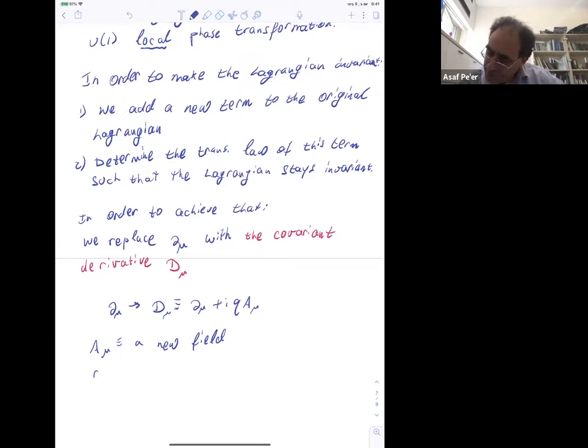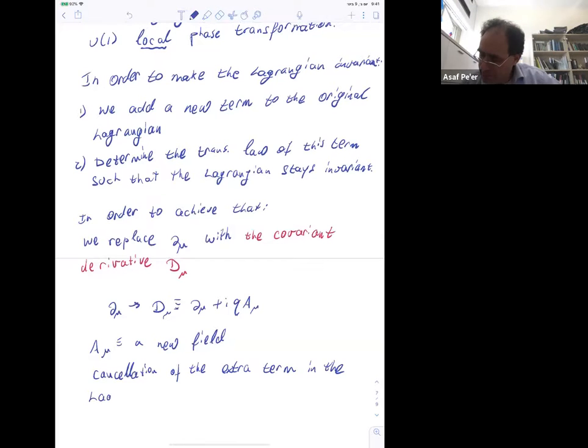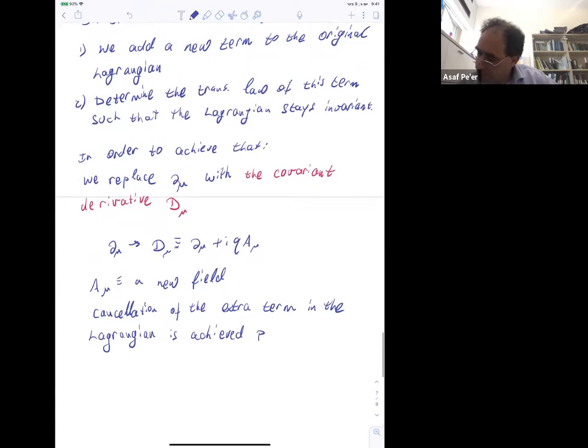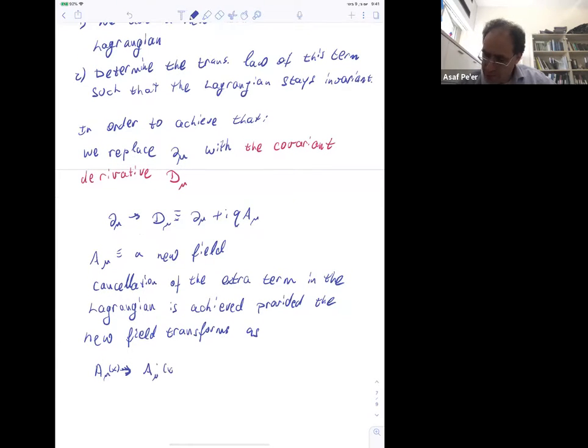So cancellation of the extra term in the Lagrangian is achieved provided the new field transforms as A_μ of x goes to A_μ prime of x, which is A_μ of x minus (1/q) ∂_μ χ.